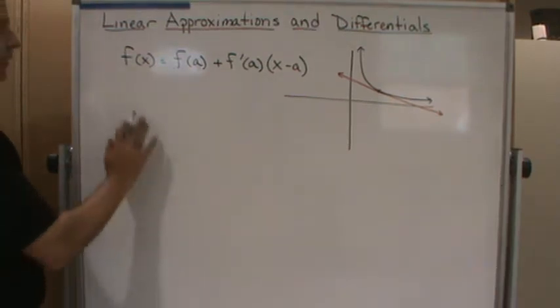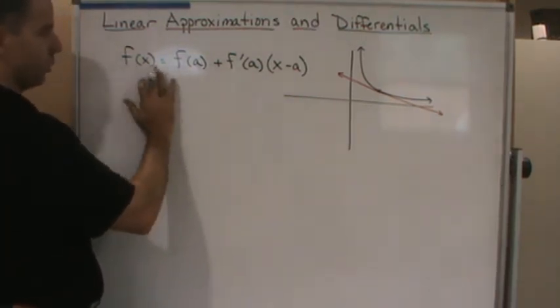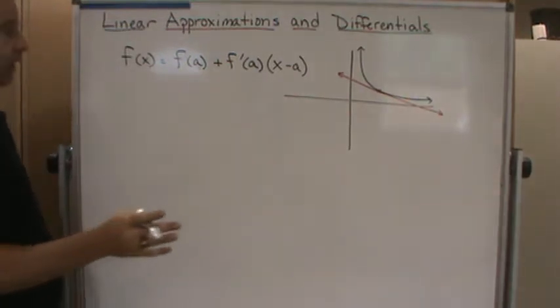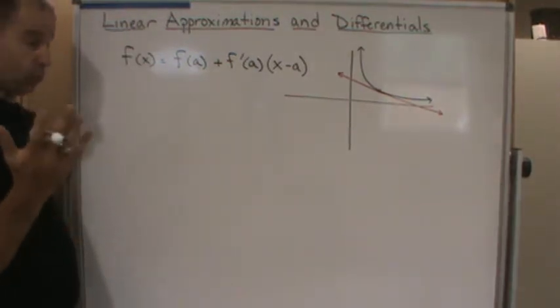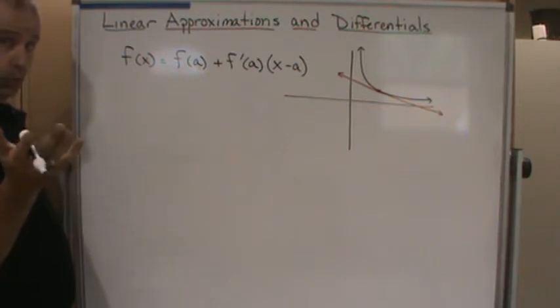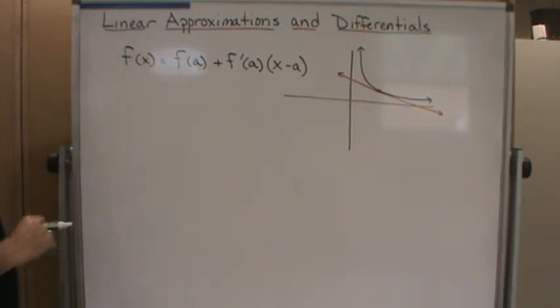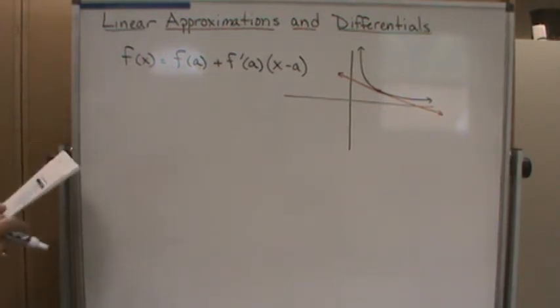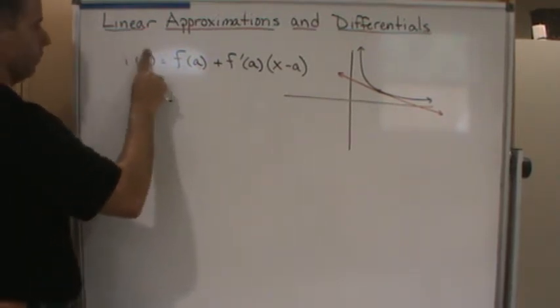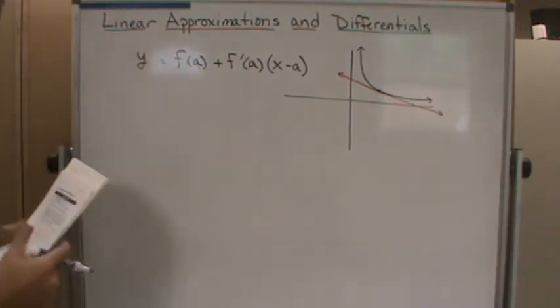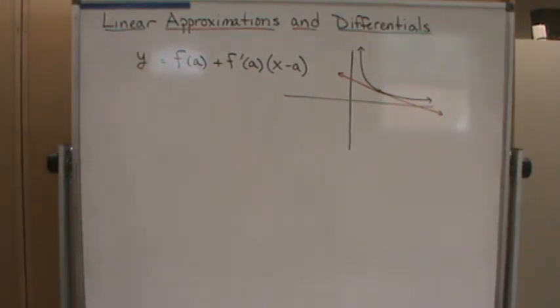Remember, this is the equation of a tangent line that was developed directly from the derivative, the limit of the difference quotient. And now we can replace f of x with y. So this is the tangent line to the graph of the function at a, and this is the equation that we used.